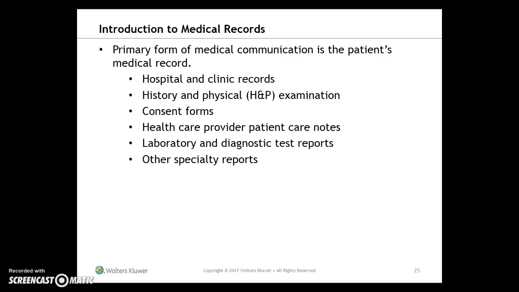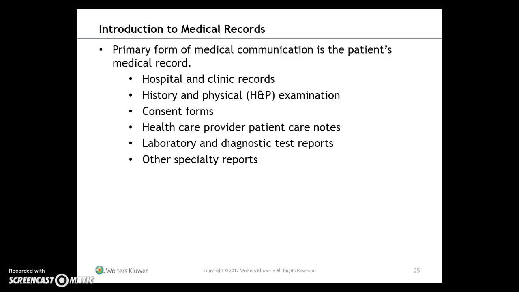So let's talk about the common types of medical records. Hospital and clinical records, sometimes simply called the patient's record, typically are a collection of all the written documents related to the patient's examination, diagnosis, and care.